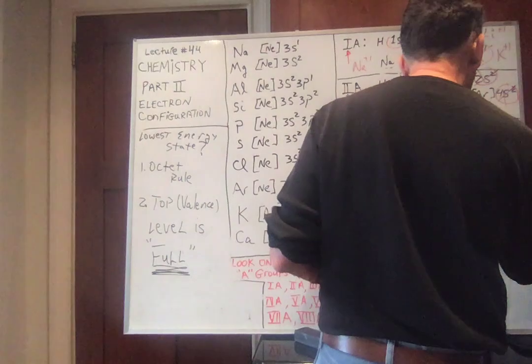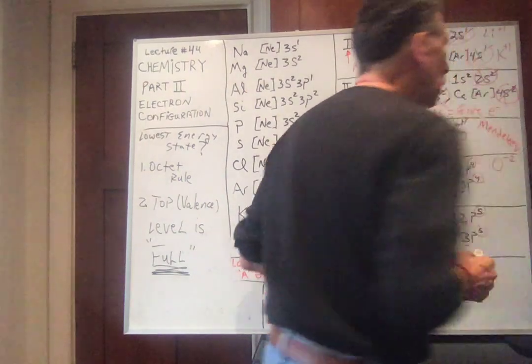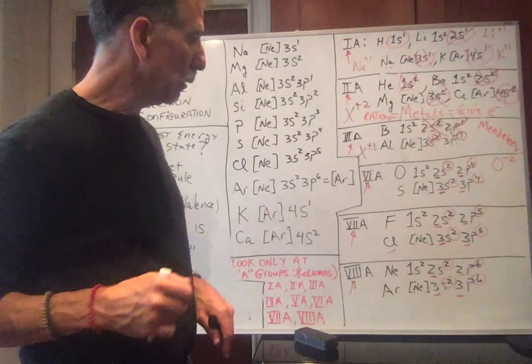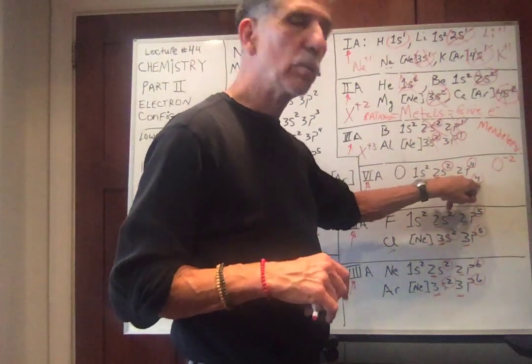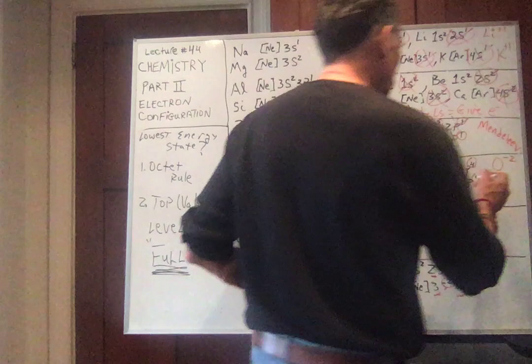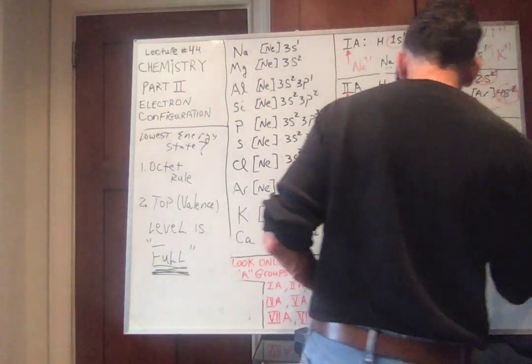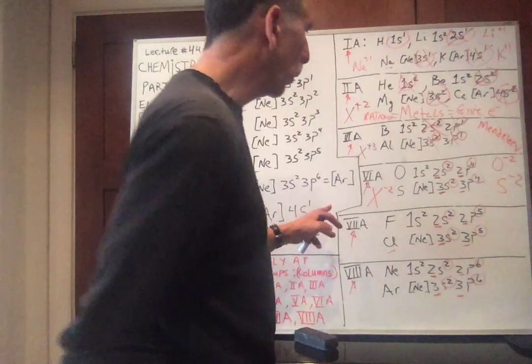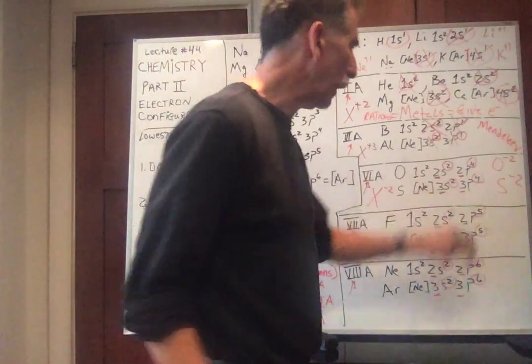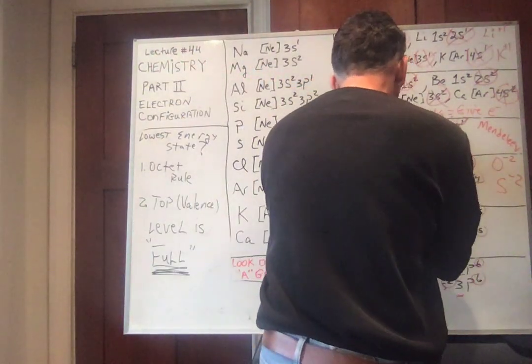Oxygen wants to be a -2 anion, a -2 ion. Same with sulfur, third floor. It could lose 6 electrons or gain 2 electrons. Sulfur wants to be -2. So everything in group 6 wants to be a -2 ion. In other words, what it wants is to add electrons.